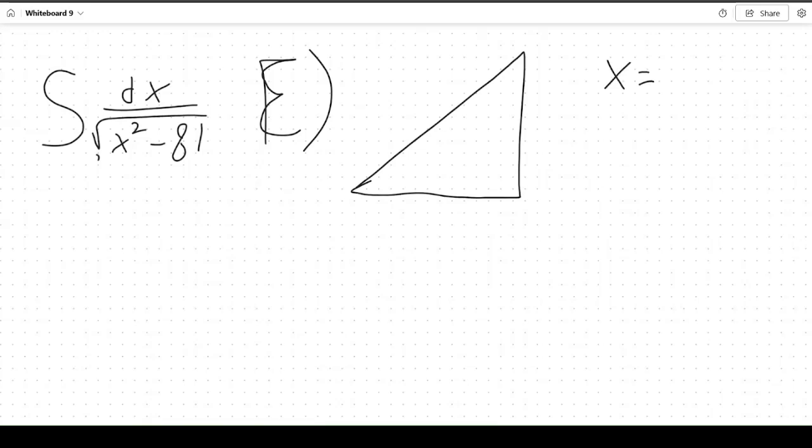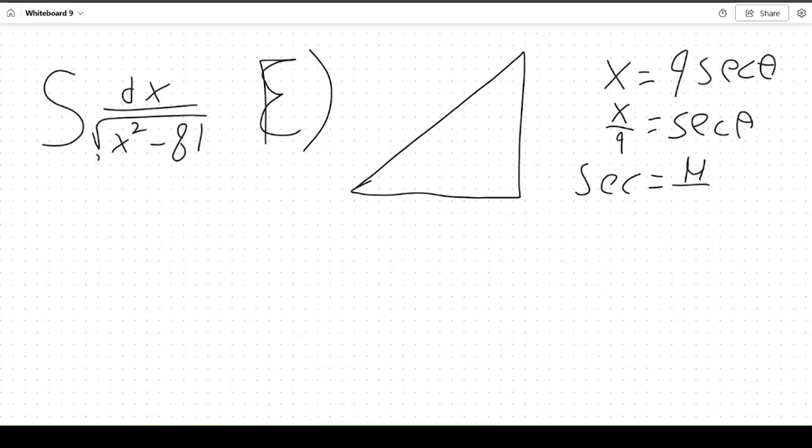And for reference, our x was 9 secant theta. We can divide by 9. So our secant is equal to x over 9. And secant is equal to hypotenuse over adjacent.